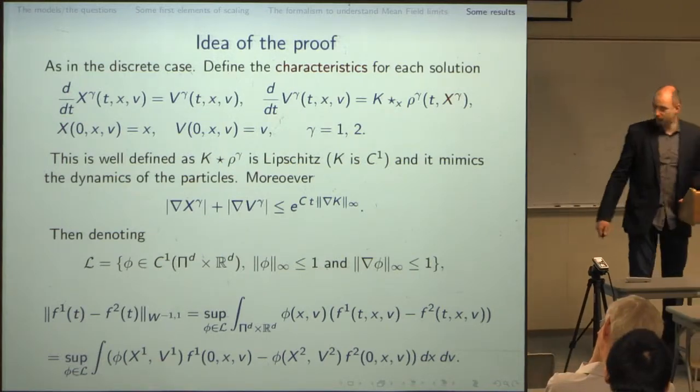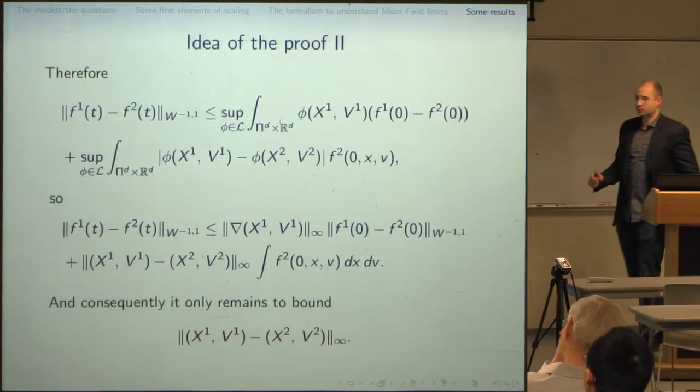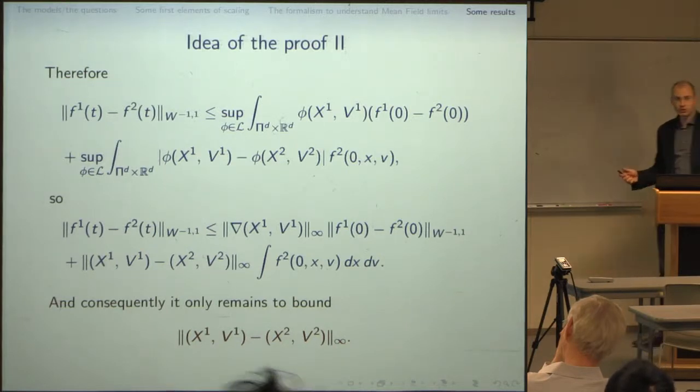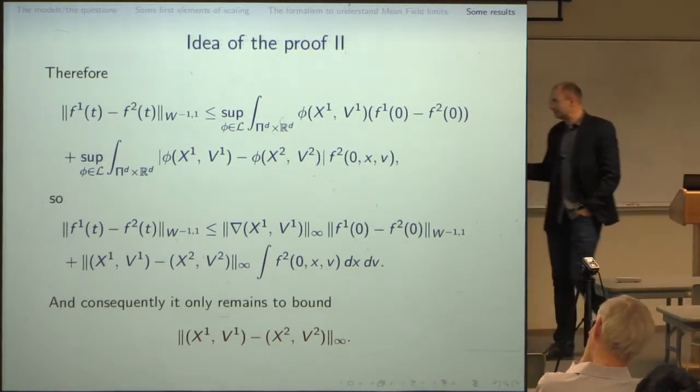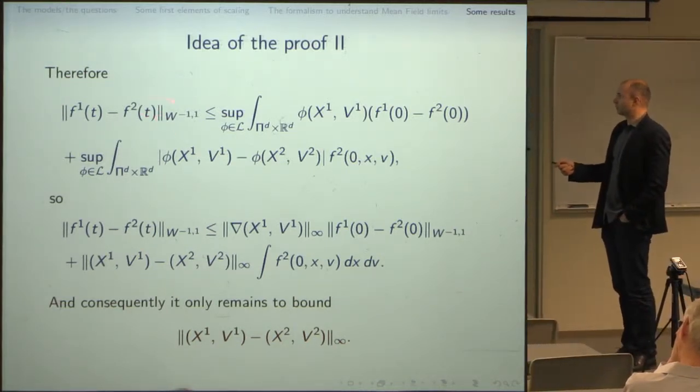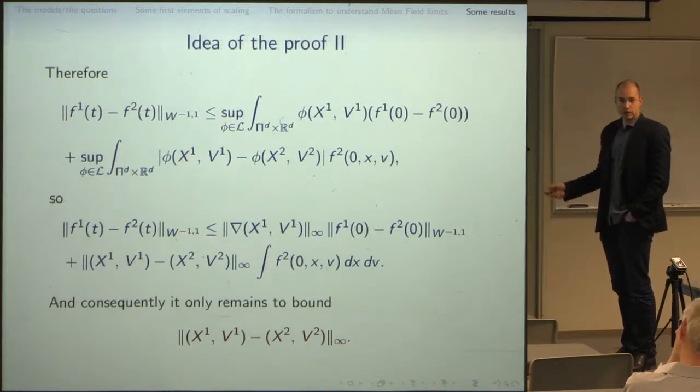So now if I can have a good control of the distance between the two systems of characteristics, I will get the result. Again, I'm probably going a little bit faster than I should here, but this is essentially what I'm saying. Now you're doing the decomposition, and you get something like that, meaning that the difference between two solutions at time t is bounded by some regularity of a system of characteristics times the initial distance plus the difference in the characteristics.